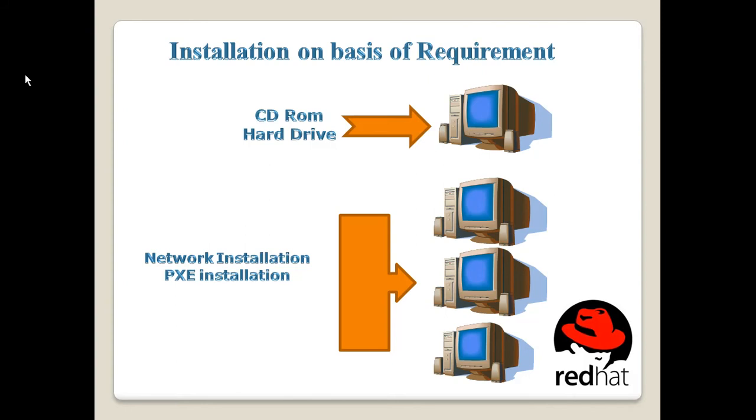It is not possible to go to each system one by one and perform the CD-ROM installation. So for that purpose we have a network based installation, where there is one server that is accessible by all the clients, and the clients obtain the boot CD or the boot image from that server. This is the basic idea about the network installation or the PXE installation.